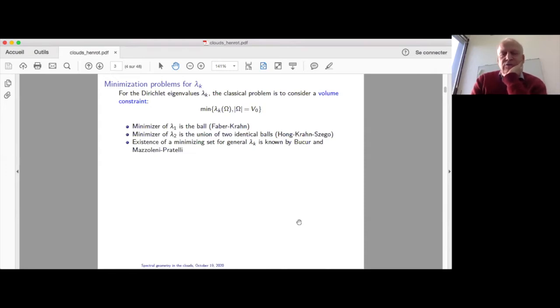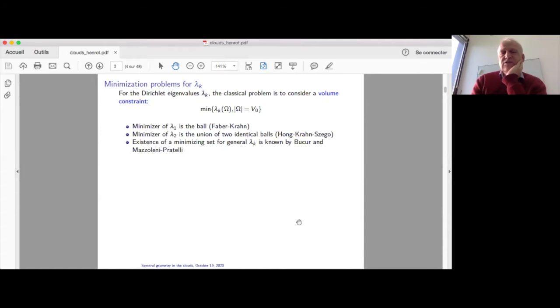As I said, lambda 1 is minimized by the ball, lambda 2 is minimized by the union of two balls. People were also interested in getting a general existence result for the minimization of lambda k. It was obtained in 2011 by Dorin Bucur on the one hand, and Dario Mazzoleni and Aldo Pratelli on the other hand, by two different techniques.